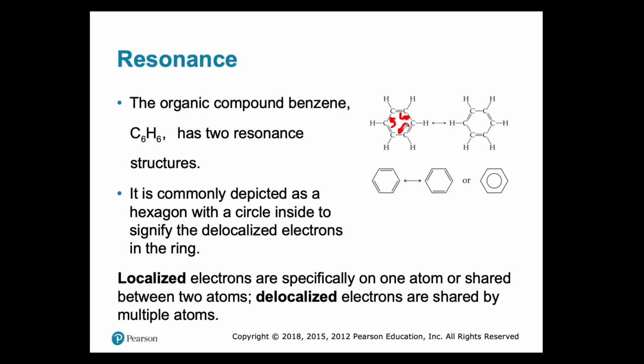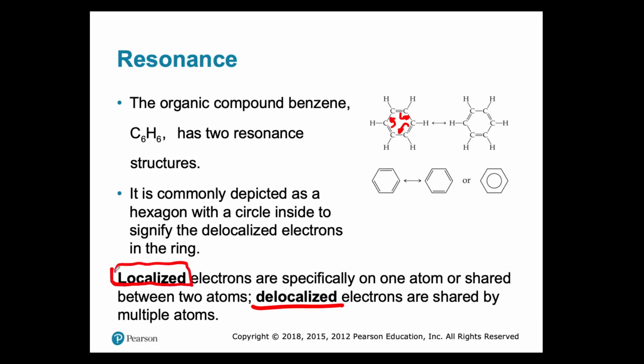That technical term is they are delocalized, okay? Electrons that can do resonance, or electrons that can be shared by multiple atoms, are called delocalized. And then there are electrons that don't get shared, and those are called localized electrons.